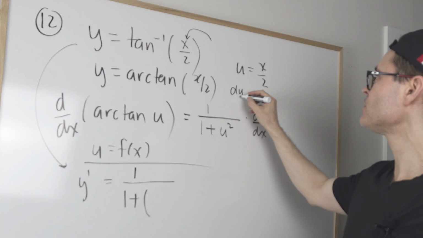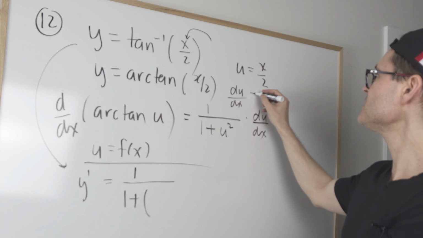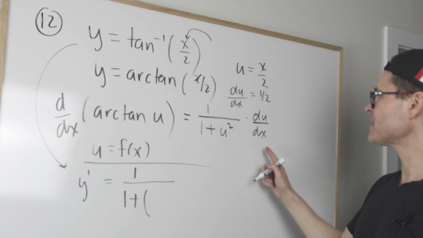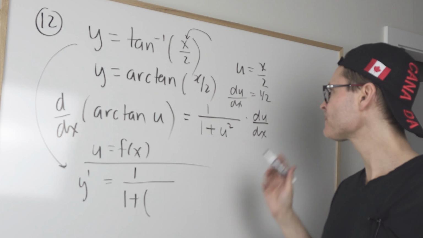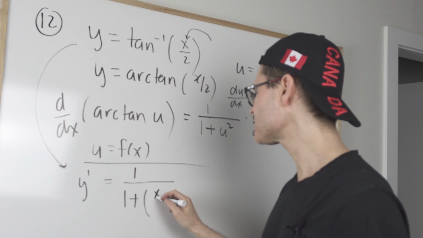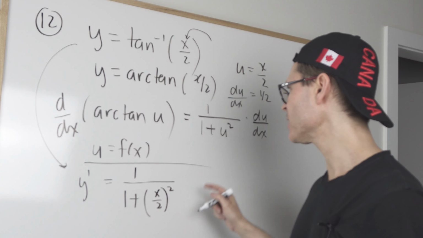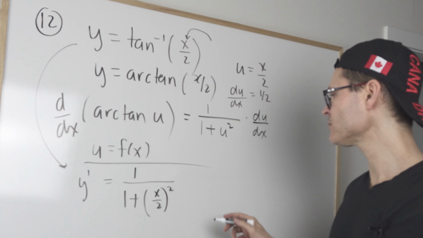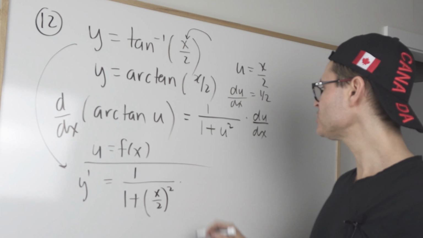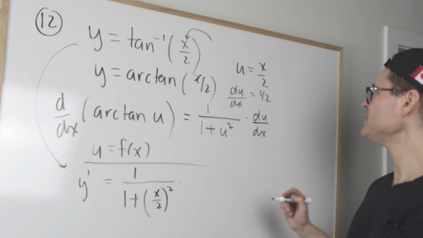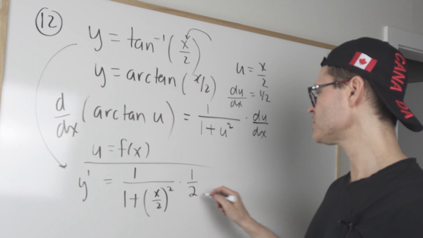So du dx is equal to a half, because I'm going to need that for the formula. So my u is x over 2, and that needs to be squared. That comes directly from the derivative formula. Multiplied by du dx, which is going to be 1 over 2.